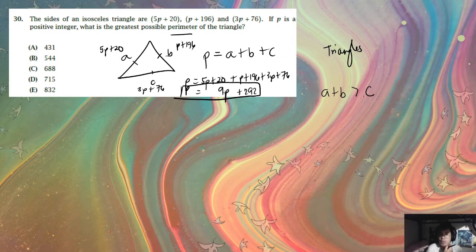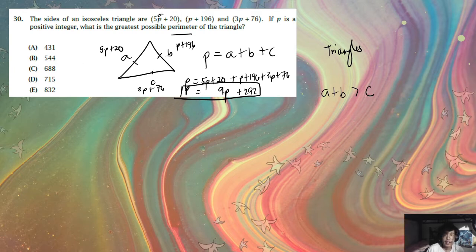Now in this problem, we don't know which is the biggest among the three sides. So what we're going to do is try to find all three possible values for p using linear equations.